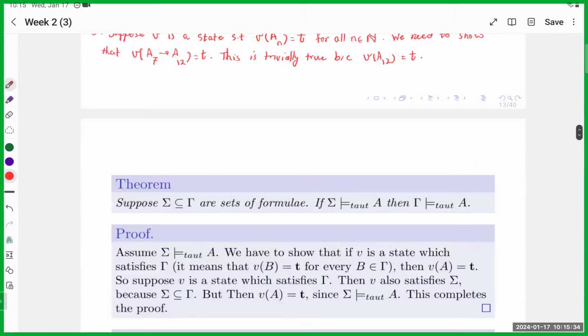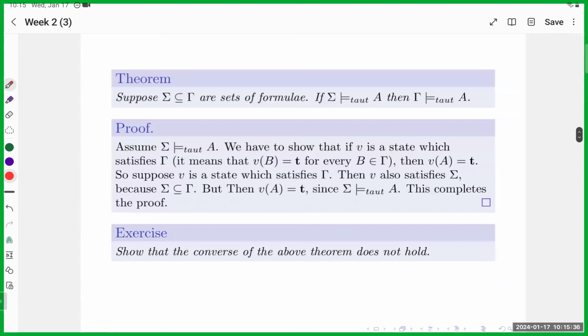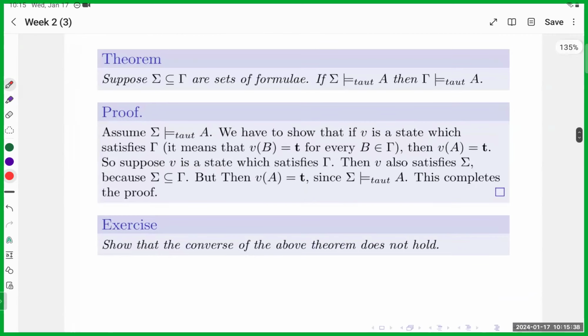All right, let's move on to the next theorem. Suppose now we have two sets of formulas. One of them is sigma, the other one is gamma, and sigma is a subset of gamma. So that means all the formulas in sigma are included in gamma.